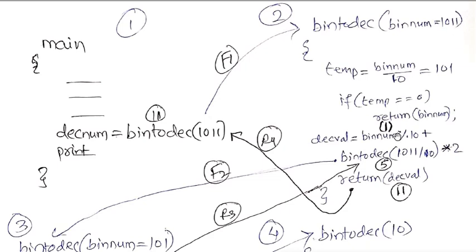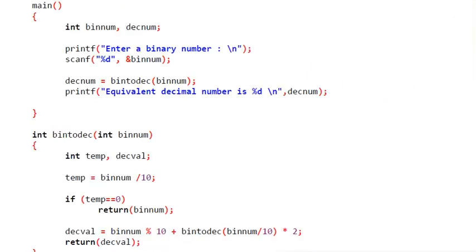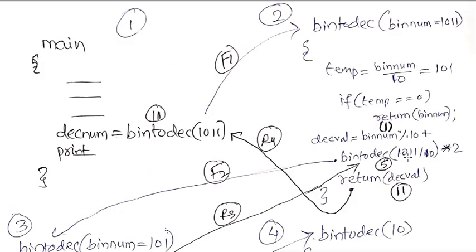The last bit 1, plus binary to decimal of 1011 divided by 10. Where did we get that? We calculated this by dividing the binary number, and again I am calling the function. That is what you are seeing here. 1011 divided by 10 is how much? 101.